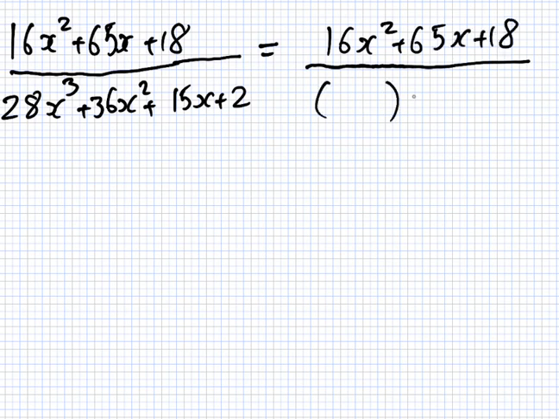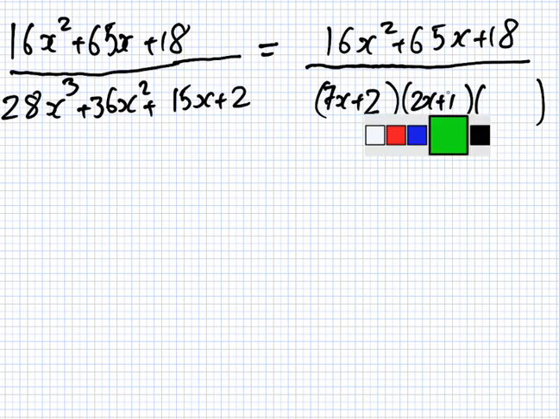1, 2, and 3. 7x plus 2. Yeah. 2x plus 1. Now, you see, this is the thing. You only get 2 factors. So that means one of the other factors is repeated. So which one is repeated? Is there any easy way to tell?